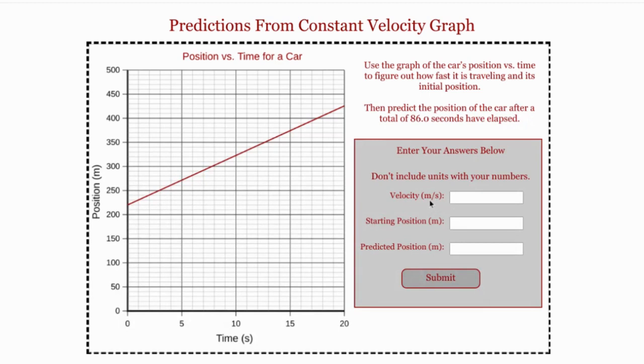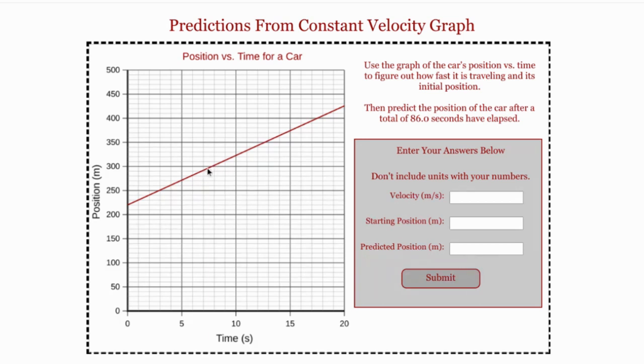So this first part right here, the first answer that you need to enter here, the velocity of the object, you just need to get the slope of this line. So we can use this point over here. It looks like it's at 0 time. It looks like that's 220 meters, okay?